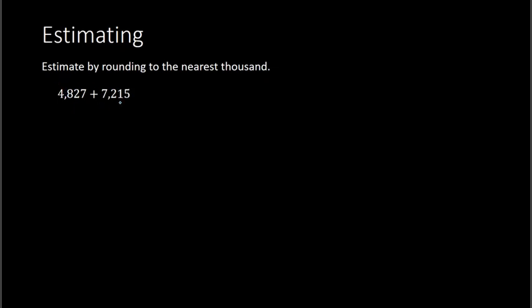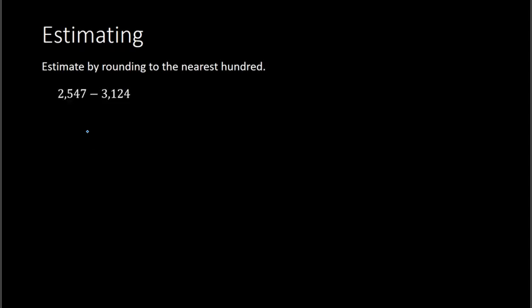And then 7,215 would round down to 7,000. So I have 5,000 plus 7,000, which would be 12,000. So my estimation of these two numbers added together would be 12,000. And in reality, the actual answer would have been 12,042. So estimating is just a way to get a close answer to the actual answer.